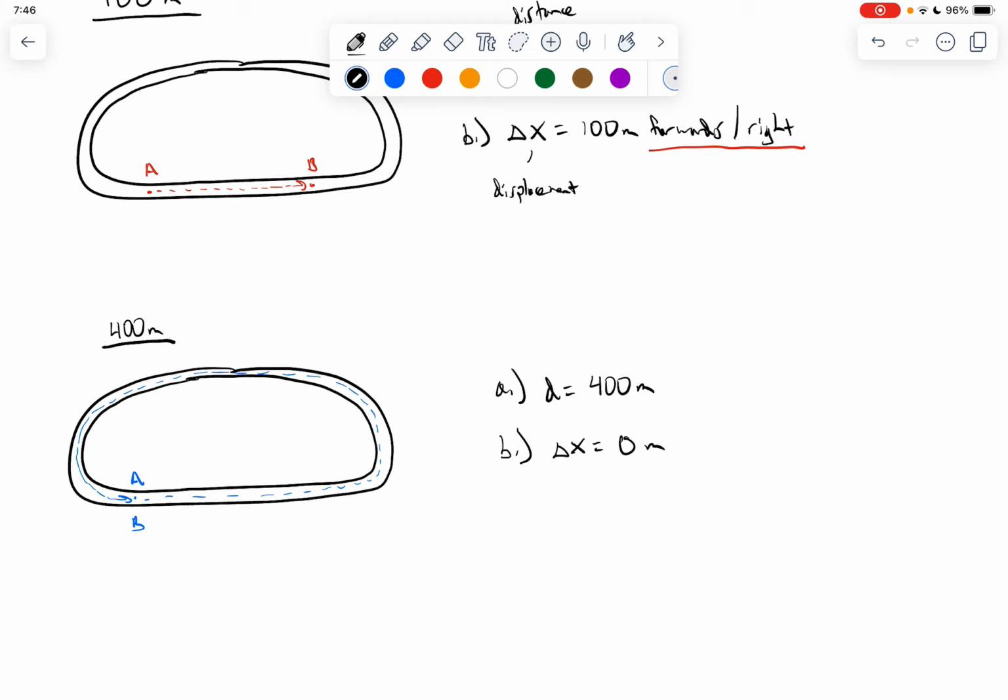We get a displacement of 0 because our start and end are at the same location. And in the case of having a displacement of 0 meters, we typically just ignore the direction. You don't travel 0 meters right or 0 meters left; you just have a change in position of 0 meters.